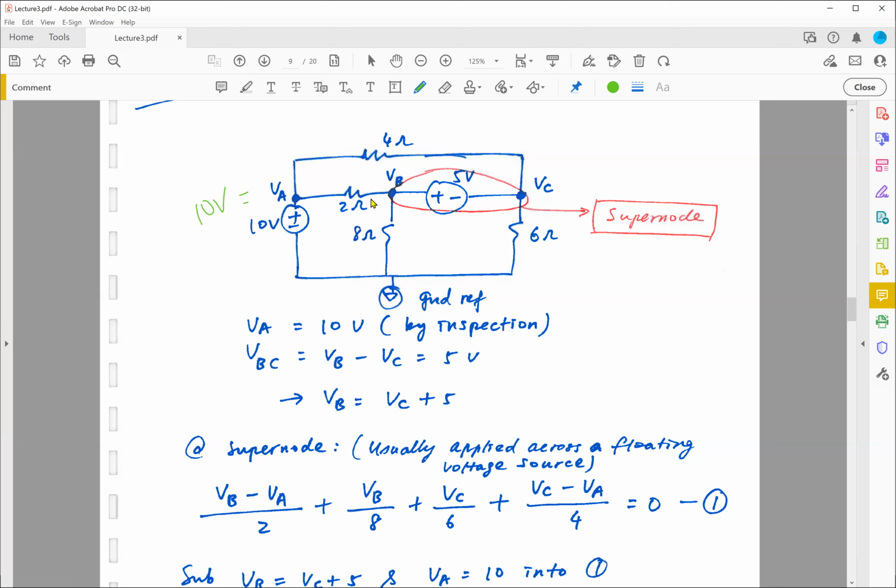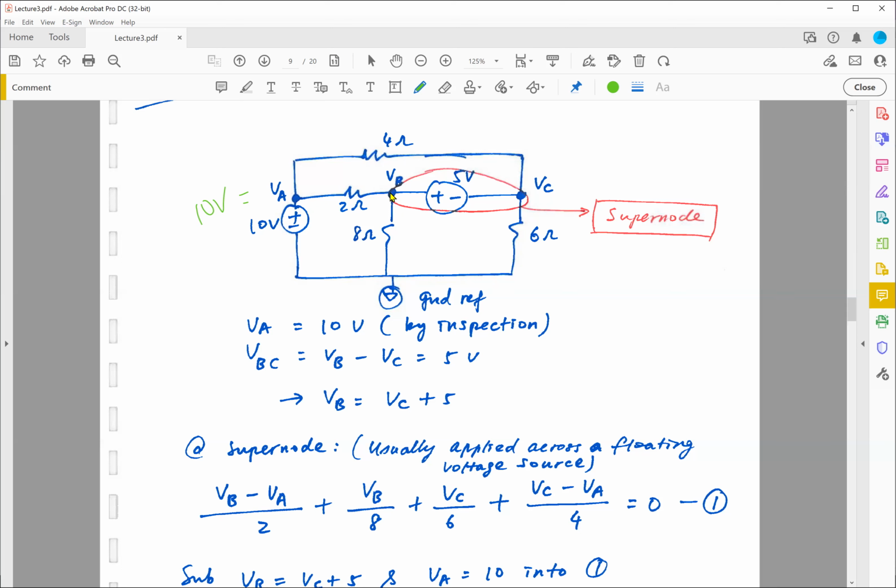Okay. So for this supernode, you look at the way I circled the supernode, right? So VB and VC are both part of my supernode. So in other words, the supernode consists of nodes VB and VC. So I'm going to start with this VB first.